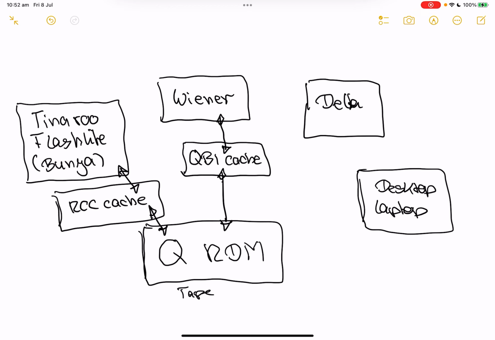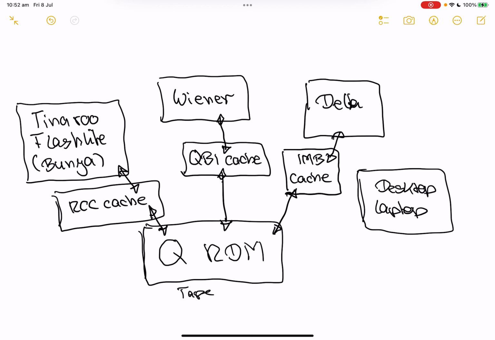The same is true for Delta. We've got the IMB cache that sits in between Delta and the Q collections.